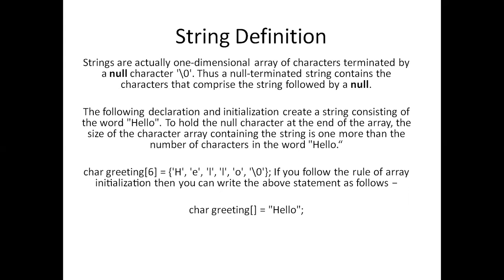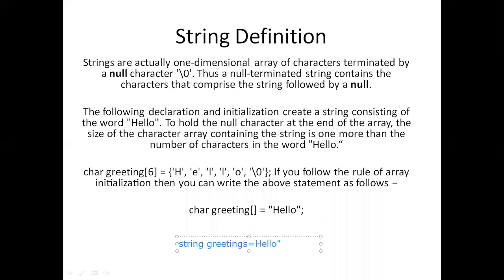Instead of writing char greetings[6] every time, I can declare in a simple, shortcut way: string greetings is equal to hello. For example, you can see here, string greetings is equal to hello.